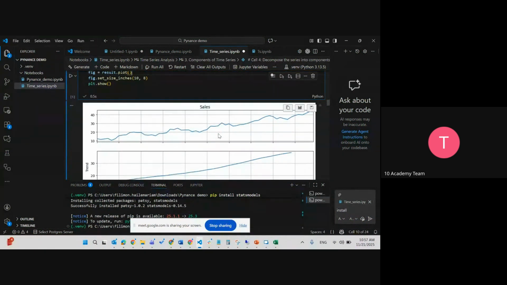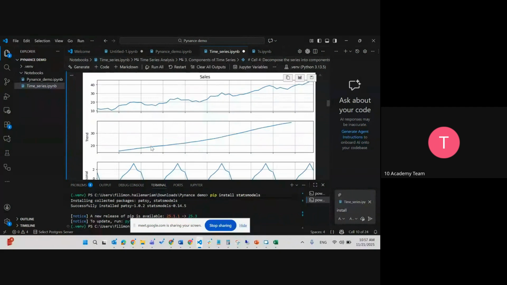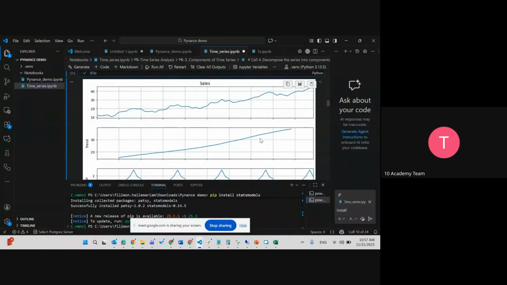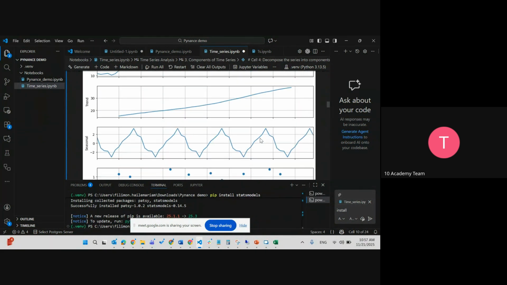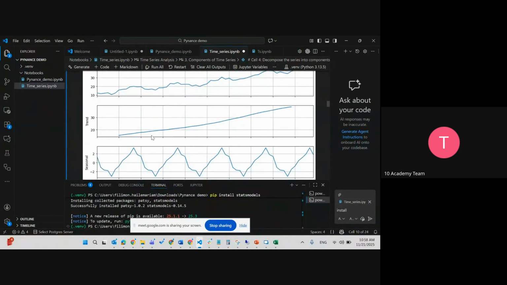So this is the sales value, as I showed you guys. This is a trend, as you can see. Trend is going up. This is where we decompose and divide our data into trend, seasonal, and residual. So this is the trend. As you can see, guys, it's going upward.